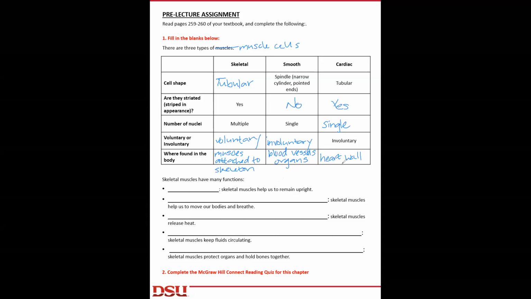All right, so speaking of skeletal muscles, there's lots of functions. Some of those include, first off, support. Without our skeletons, we would not be standing upright. We'd be a pile of mush. Also, movement of bones and body structures.